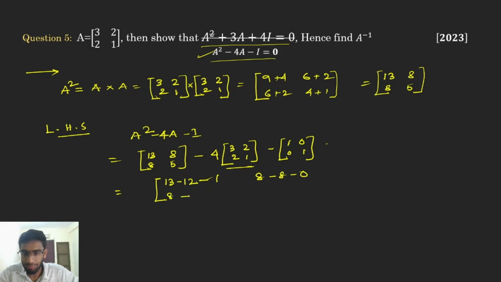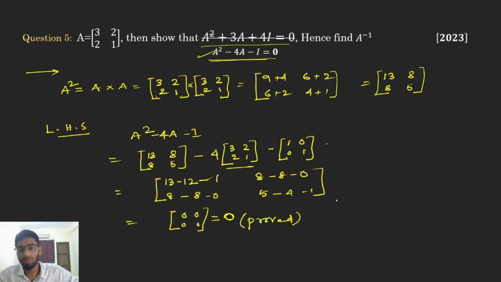Then 8 minus 8 minus 0. Then here 5 minus 4 minus 1. So clearly this matrix is 0, 0, 0, 0, which is nothing but the null matrix, bold O. So hence our equation is proved. We can write proof. This is the first portion of that particular question.